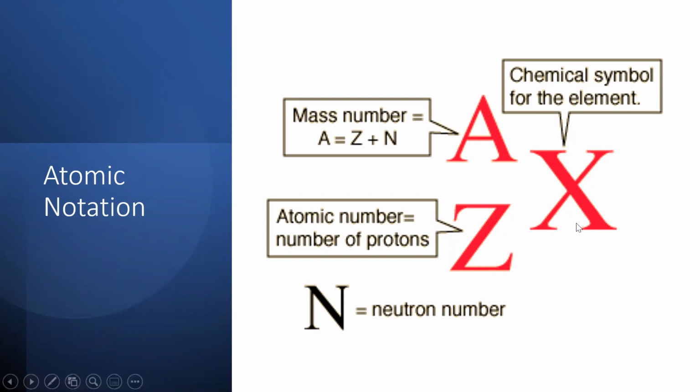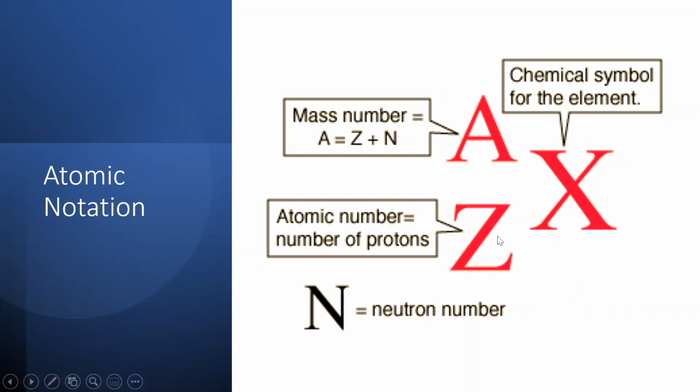Here A is the mass number or atomic mass. How to remember it? A for addition. Addition of what? Addition of the number of protons and the number of neutrons. That in total gives us the mass number.